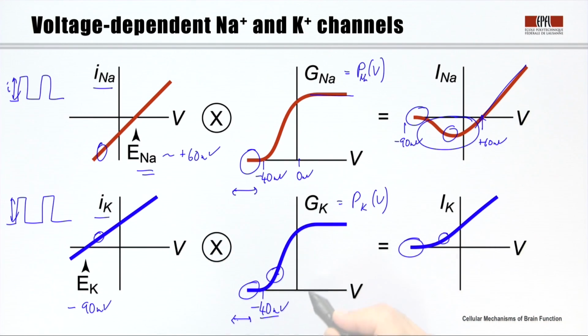As we keep depolarizing, more and more conductance is activated until we hit this linear regime, and that's what we see here. Again, in the physiologically relevant range of membrane potentials from minus 90 to plus 60 millivolts, we always have an outward current carried by the potassium channels.